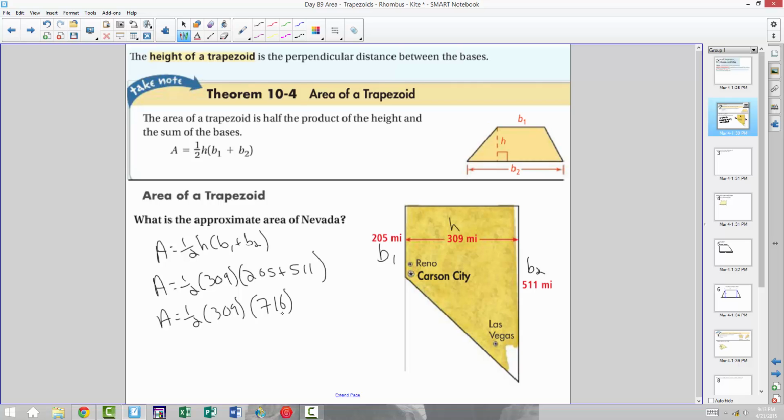When we multiply everything out, a half times 309 times 716, the area of Nevada is about 110,622 square miles.